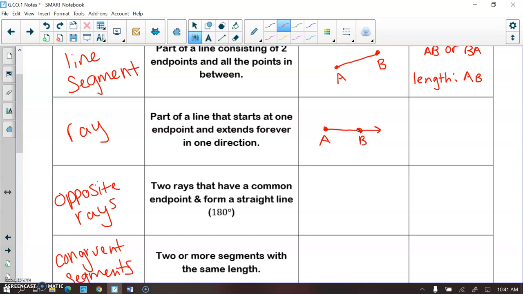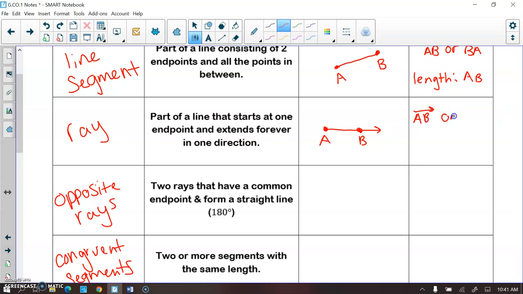Now, when we name a ray, this is pretty tricky. We draw a little ray without the endpoint, but the part that does not have the arrow is your endpoint, and the part that has the arrow on it is the point that's closer to the arrow.